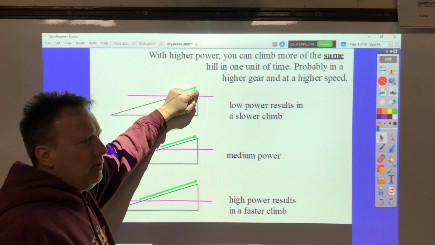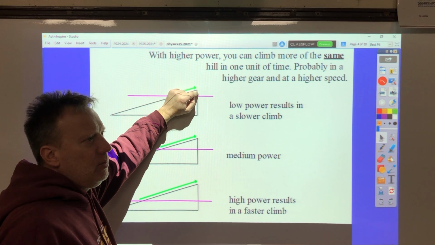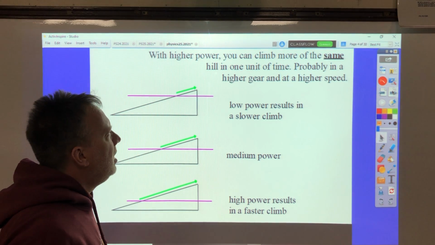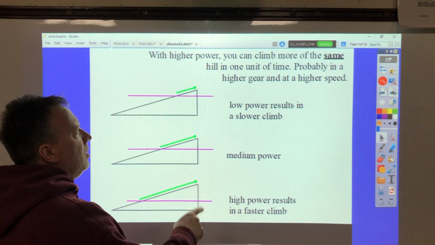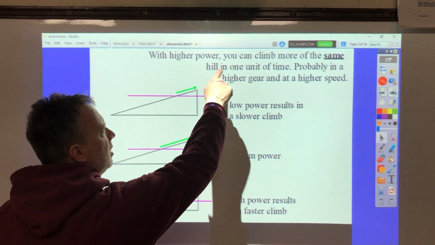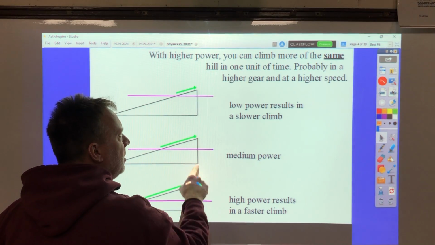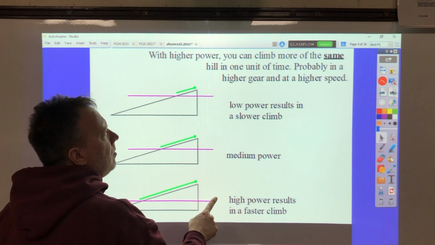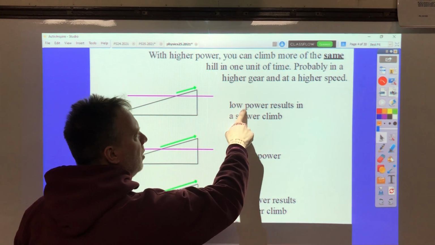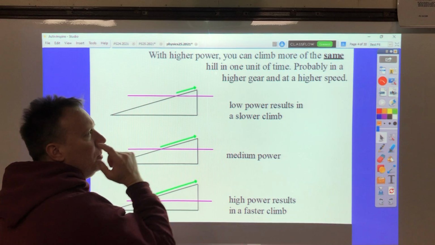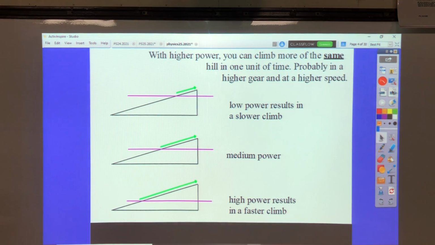You'd have to downshift. Maybe this is like a camper going up a hill when you're on vacation and it's in the slow lane, or a truck or something. If you are going up the same hill, a low power vehicle results in a slower climb. You're not going up as fast.